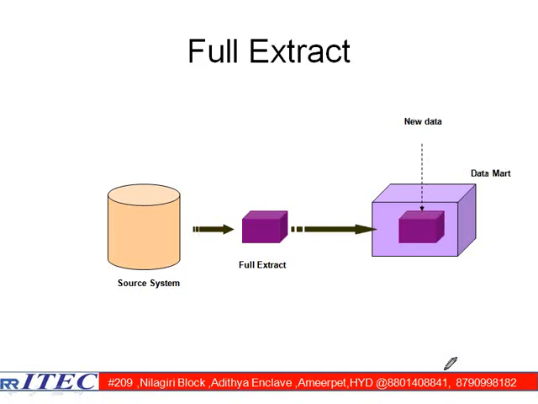That kind of process is called a full extract. In the target, whatever data is available, the entire data, we override it. If you override like that, then it is called a full extract. From the source also we take all the data, and we try to override the existing data on the target side. You got my point?